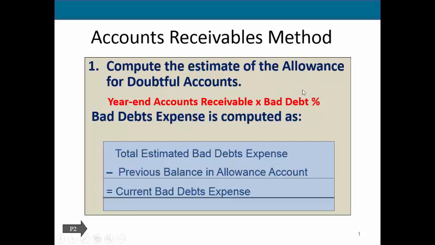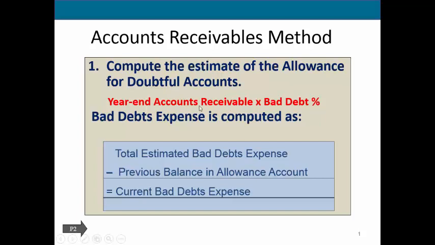So anytime we are applying our estimate of bad debt percentage to a balance sheet item, we need to keep in mind that this includes values for the previous years. So if we apply our percentage to the accounts receivable, and it includes amounts from previous years, and we book that as bad debt year after year, we're really going to be double counting the amounts that are in previous years.